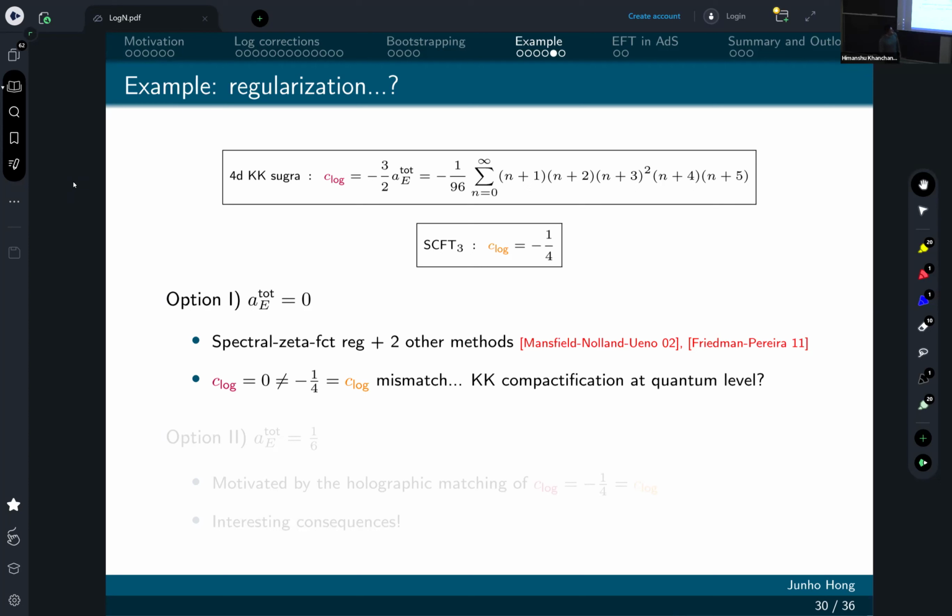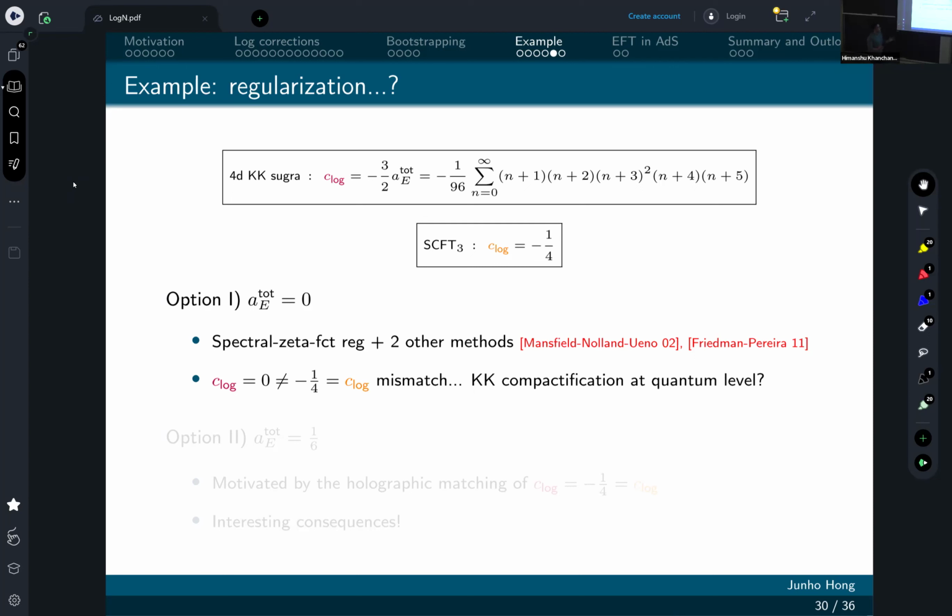Holography is not working. But if that's the case, the answer might not be that surprising. Here, I'm assuming that I started from Kaluza-Klein compactification of the classical theory, and just implicitly assuming that it's valid even at 1-loop level. But maybe that's not the case in the first place. For example, I completely ignored the 11D ghosts. I just considered 4D ghosts. So if you consider the Kaluza-Klein tower of 11D ghosts and consider their contribution at loop level, they might be responsible for this missing -1/4.